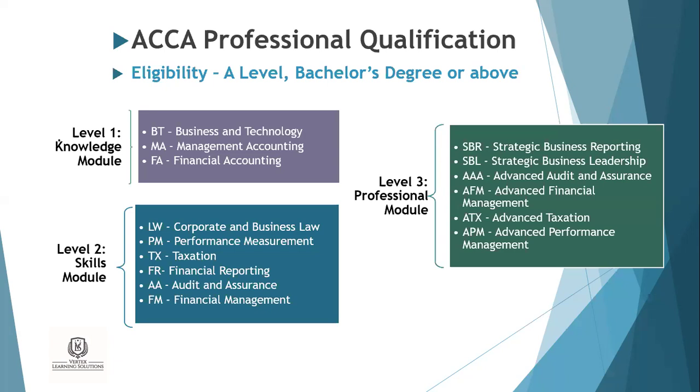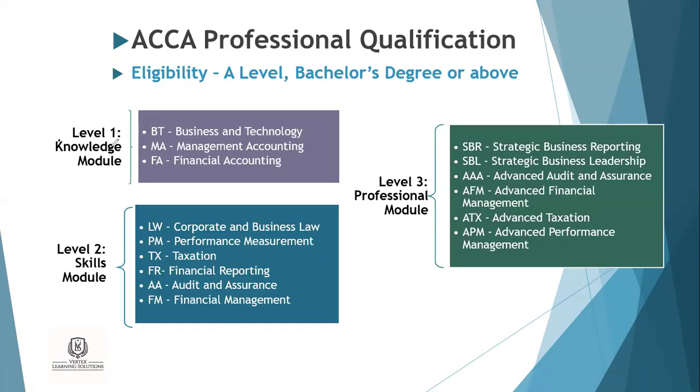You can see that the ACCA professional qualification has been divided into three levels. First is the applied knowledge level, and we can also say that these are modules, so these are module based exams. The first level has three papers you are supposed to pass: BT, MA, and FA. These are the short forms of business and technology, management accounting, and financial accounting.